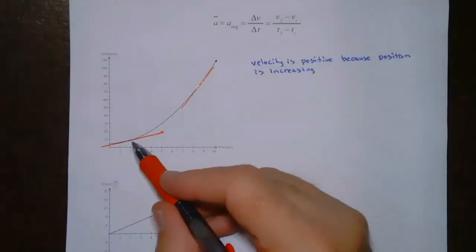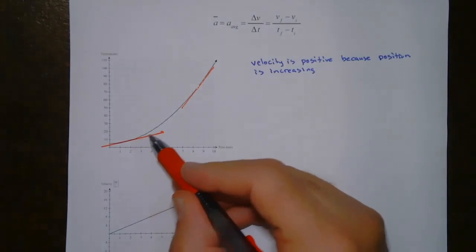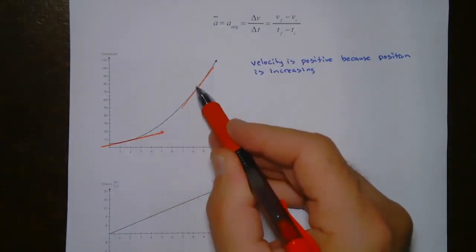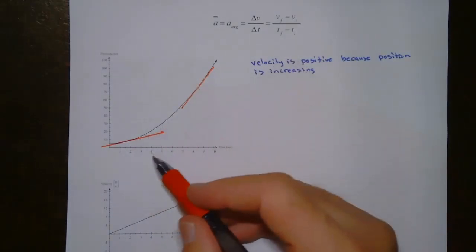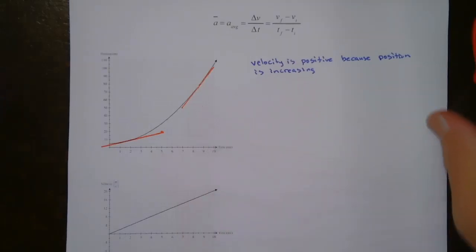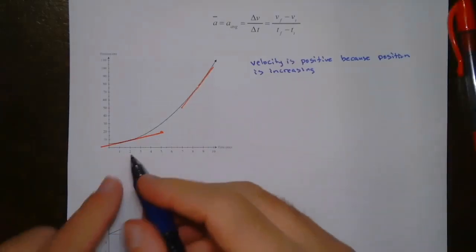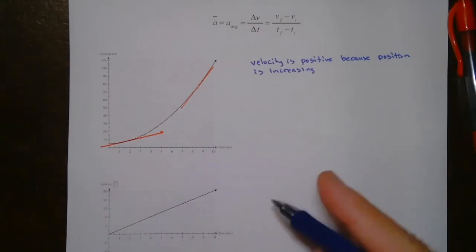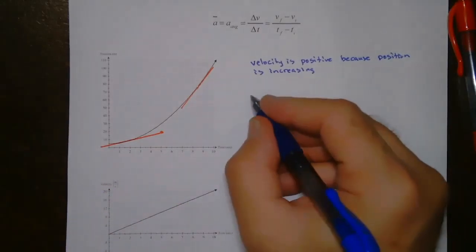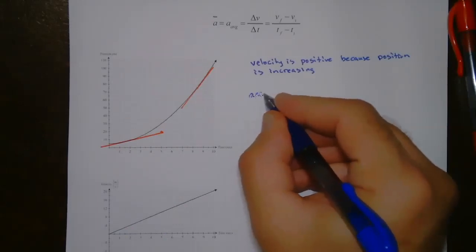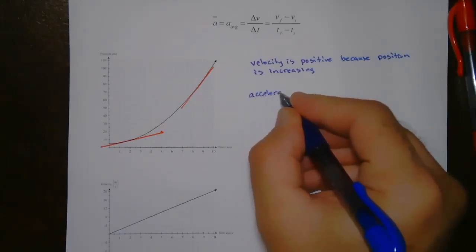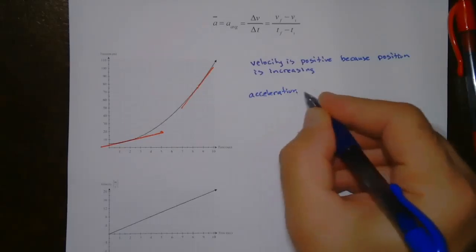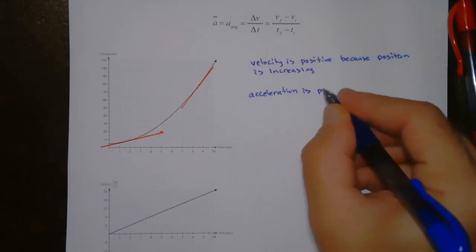So what you're seeing here is that the slope is increasing, right? Which means the velocity has to be increasing. So that means if our velocity is increasing, this is showing positive acceleration. So we would say the acceleration is positive.